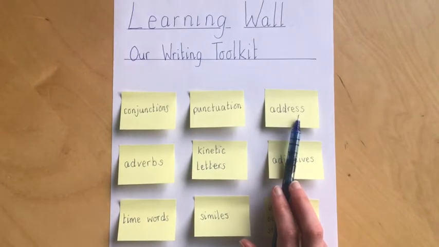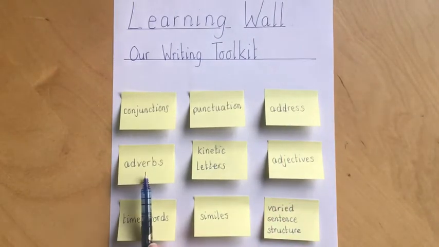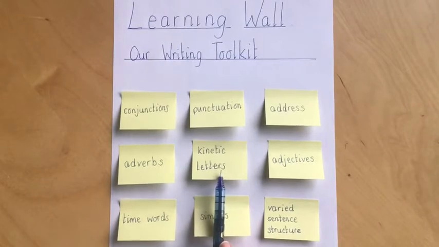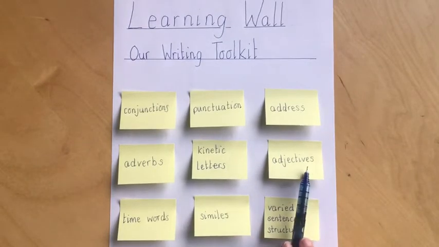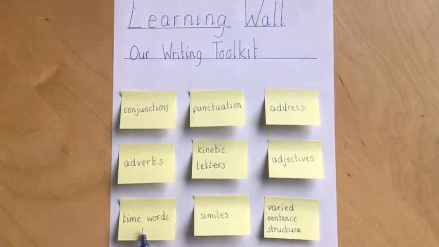Using an address. Adverbs. Using our kinetic letters, so making sure our letters are correctly formed and making sure they're sitting on the line. Using adjectives. Using time words. Using similes. And using a varied sentence structure.